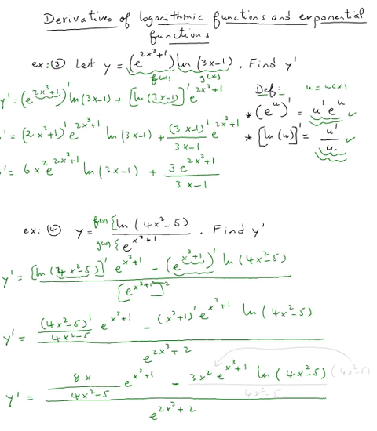Now we need to rewrite this with the same denominator. So how do we do this? Multiply, it just looks better, multiply this by 4x squared minus 5 and do the same thing for the top, 4x squared minus 5.